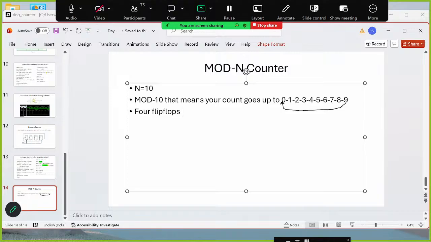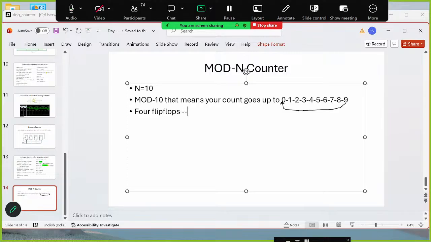Because after 8, it requires one more flip-flop to store 1000 and 1001. Till 7, it can store with three flip-flops, that is okay. But when 8 and 9 come, it will require one more flip-flop to store the counts 1000 and 1001. So it requires four flip-flops.